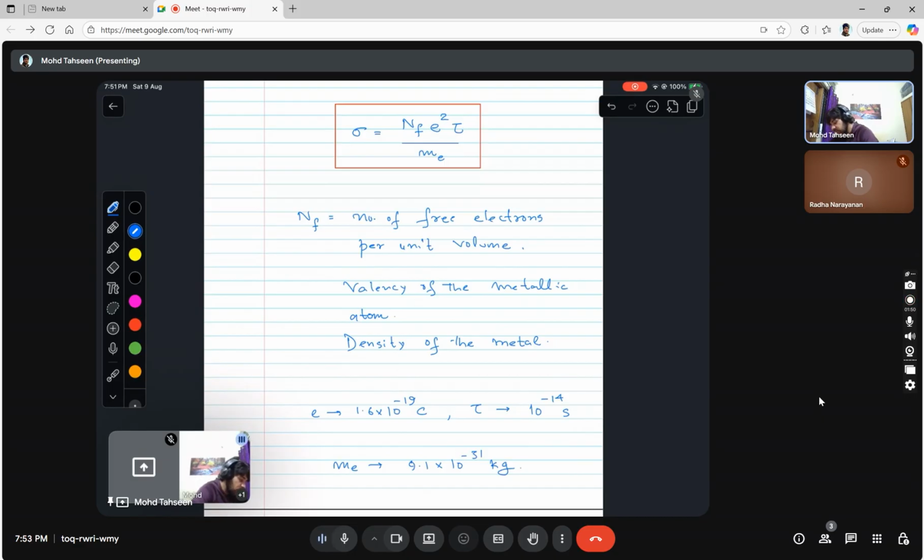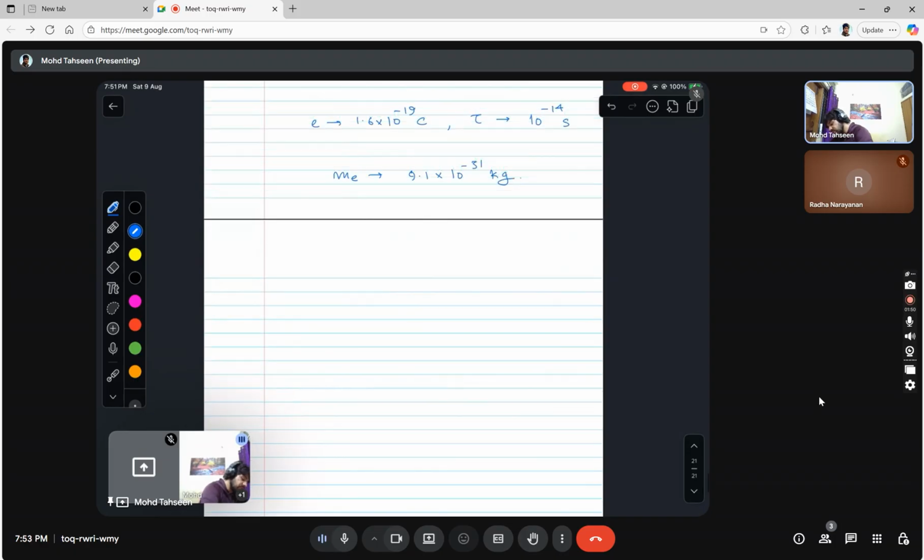So if we crunch in the values, we will find that sigma is of the order of 10 to the power 6 SI units. And SI units are inverse ohm meter, per ohm per meter.